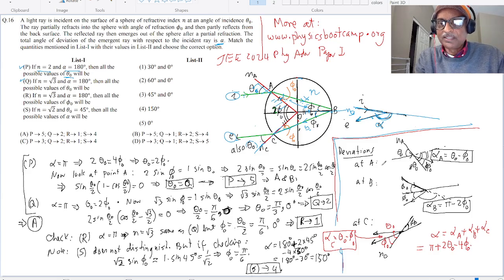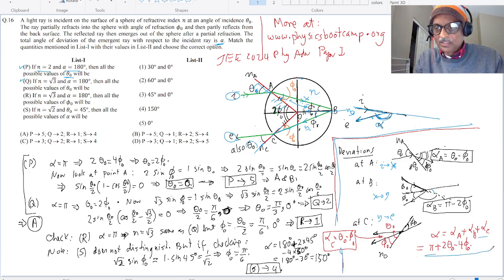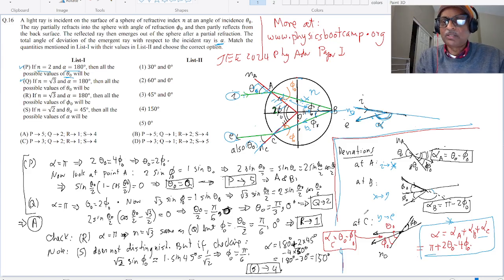This is the I to X deviation, this is the X to Y deviation, and this is the Y to E deviation. It's simple geometry at this point, at point B, and at point C. When you add up all the deviations, this is the formula you will get. This is the critical formula, and this is the work they're hoping you would do.